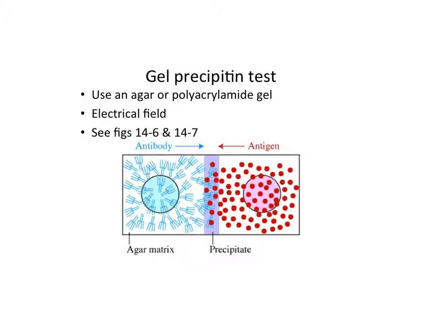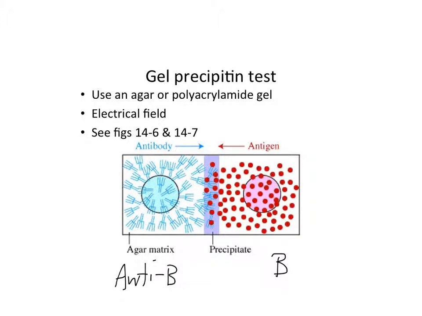What happens is, as they go towards each other, they're going to pass. If this was the antibody, say that this was anti-B, and the blood sample really was type B, whenever they come together, they would actually form a solid, and you get a line.